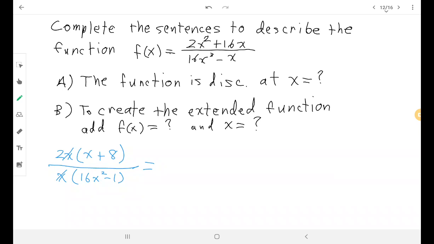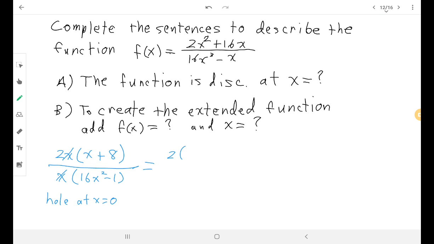So I've got a hole that is a point discontinuity. So I'm going to make some notes here. There's a hole at x equals 0 for sure, right? Because cancellation is happening.